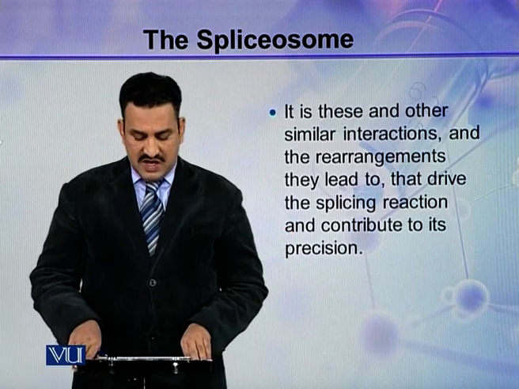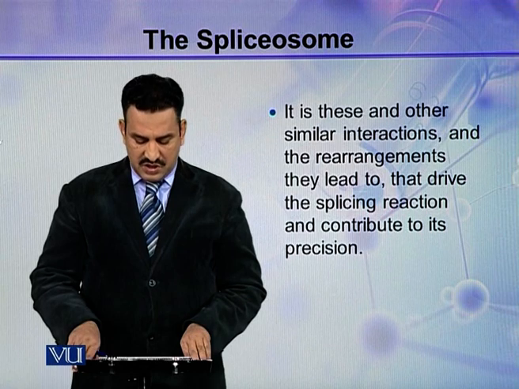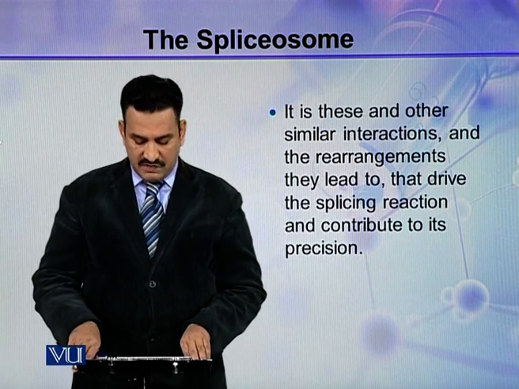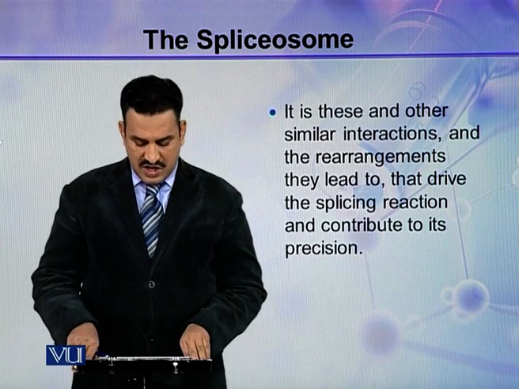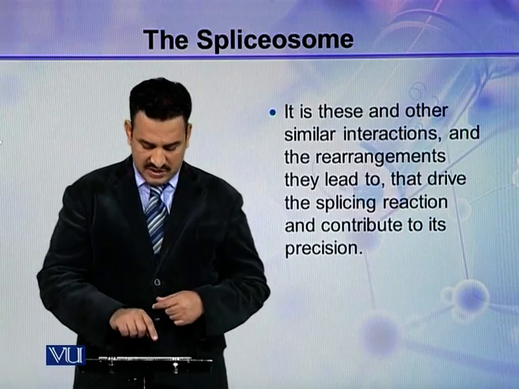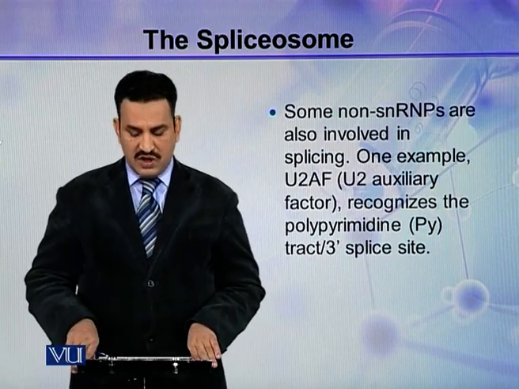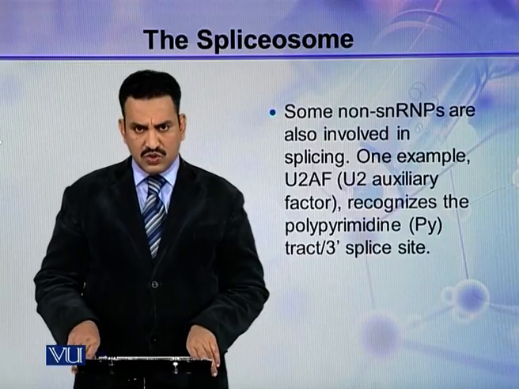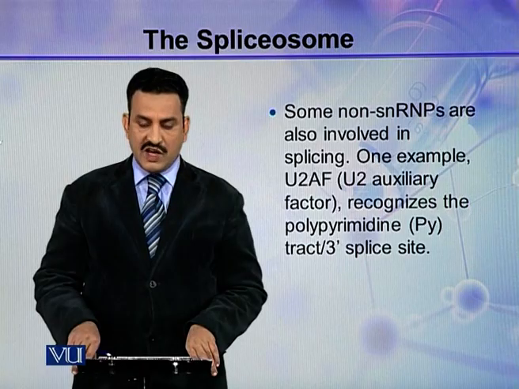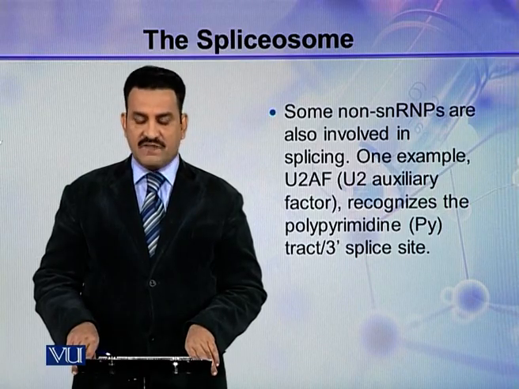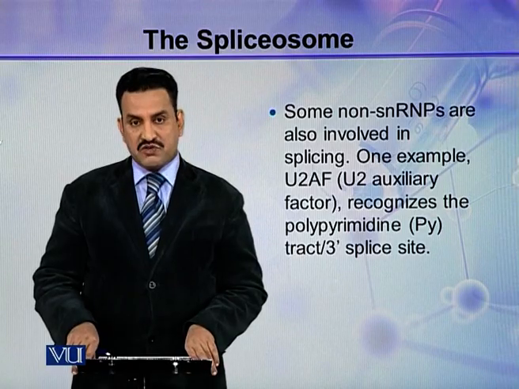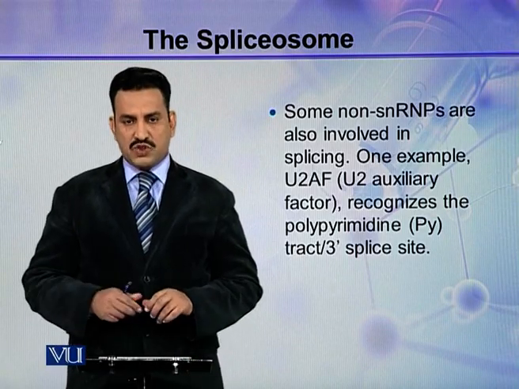It is these and other similar interactions and the rearrangements they lead to that drive the splicing reaction and contribute to its precision. That is the precision of splicing. Some known proteins are also involved in splicing. One example is U2AF, that is U2 auxiliary factor, which recognizes the polypyrimidine PY tract, that is the 3' splice site.